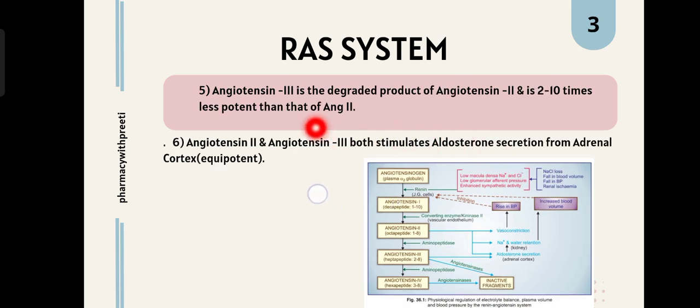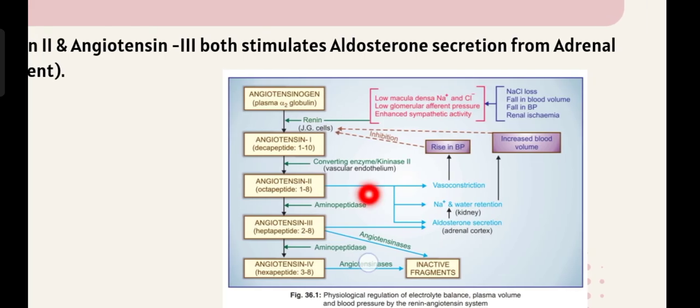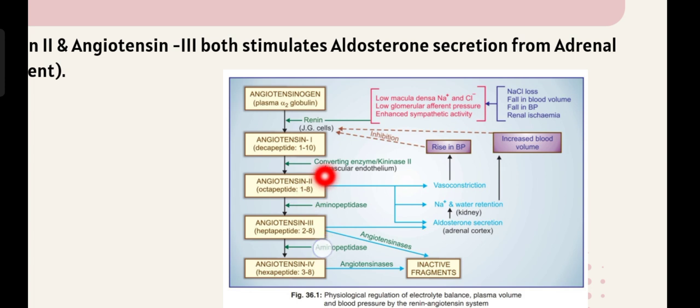Angiotensin 2 gets degraded into angiotensin 3, which is a heptapeptide, by an enzyme called aminopeptidase.